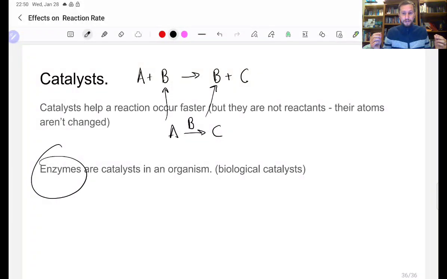Those processes are occurring every second. Without enzymes, they would take too long and you wouldn't get energy and you would be a goner. Okay? So, those are the effects of things on reaction rate.